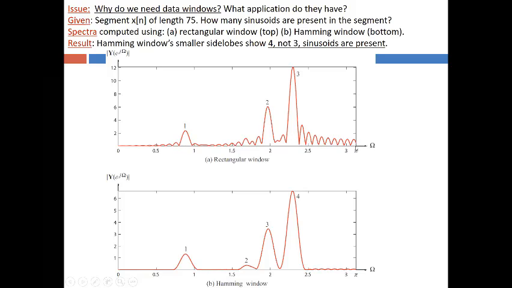They could be side lobes of these peaks, or they could be real signals. If you used a window like a Hamming window or a Hanning window, those side lobes are suppressed, and it's much easier to see, oh no, I've actually got 4 actual signals hiding in there. So particularly for the case where you want to look for small signals in the vicinity of larger ones, you want to choose windows with low side lobes.